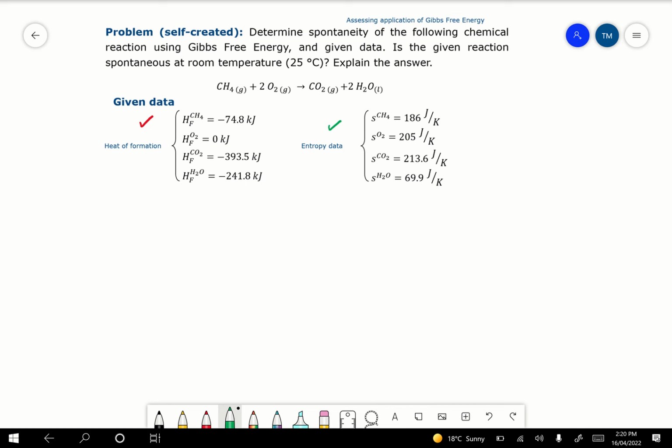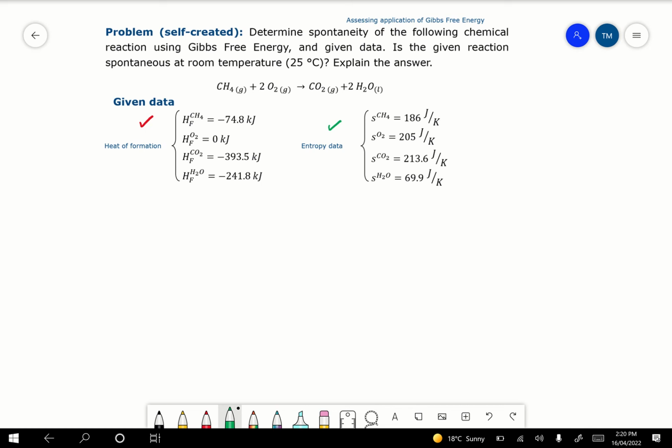So this is the data which is given. We will use Gibbs free energy rule for telling either the process is spontaneous or not, right?